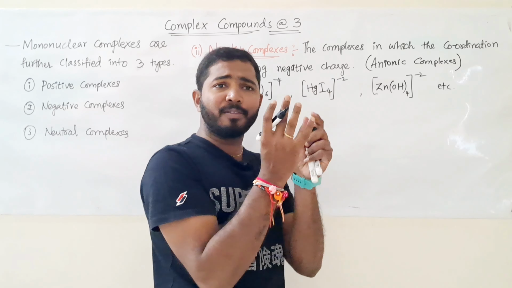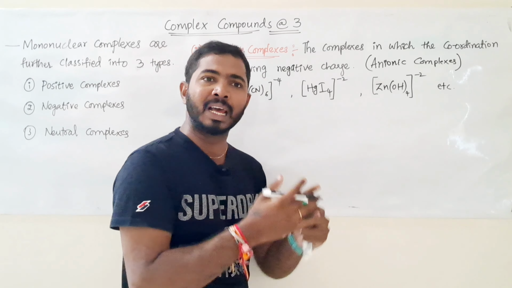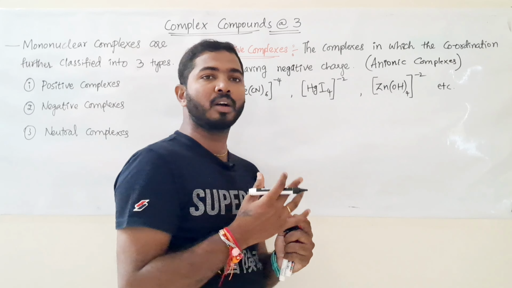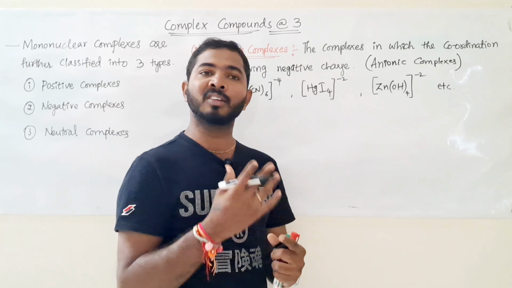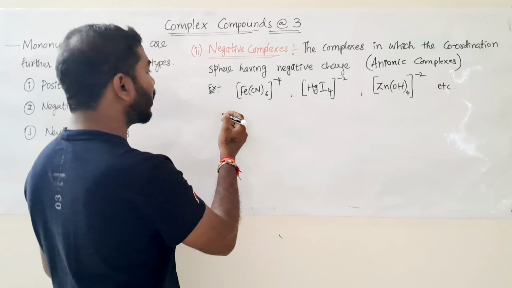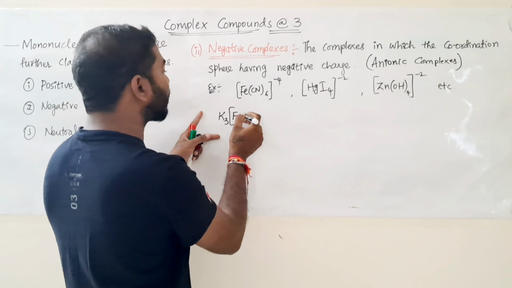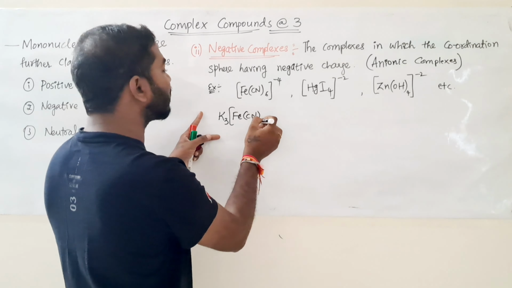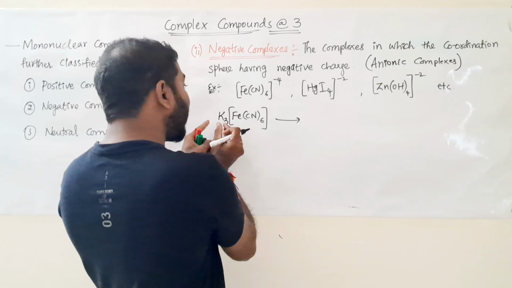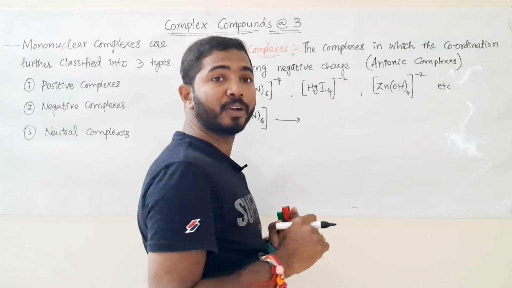Directly, if we have such complexes in the given options, then we can easily identify them as anionic species or negative complexes. But if they give the complete representation, say K4[Fe(CN)6], you have to go with the dissociation where the counter ion is K, potassium, present in first A group.